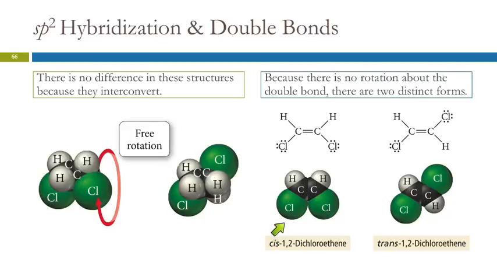And biological systems are extremely sensitive to isomers. It doesn't have to do with double bonds, but there's another type of isomer. It has to do with chirality, right-handed and left-handed molecules.